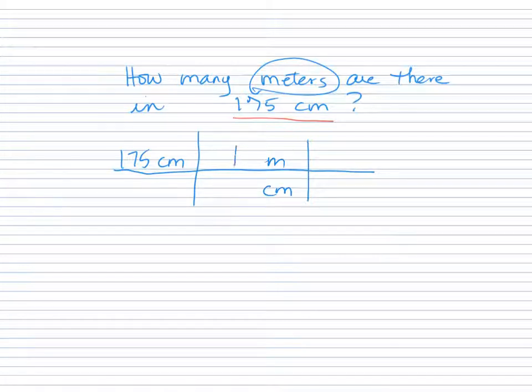In 1 meter, there are 100 centimeters, right? So the centimeters are going to cancel, and I get 175 divided by 100 meters. And 175 divided by 100 is 1.75 meters, or 1 3/4 meters.